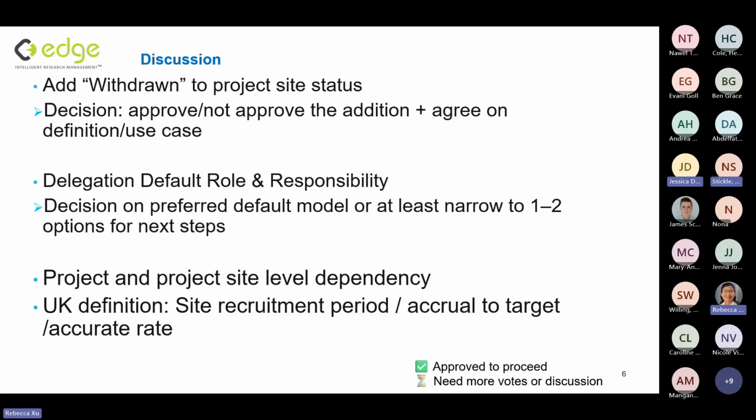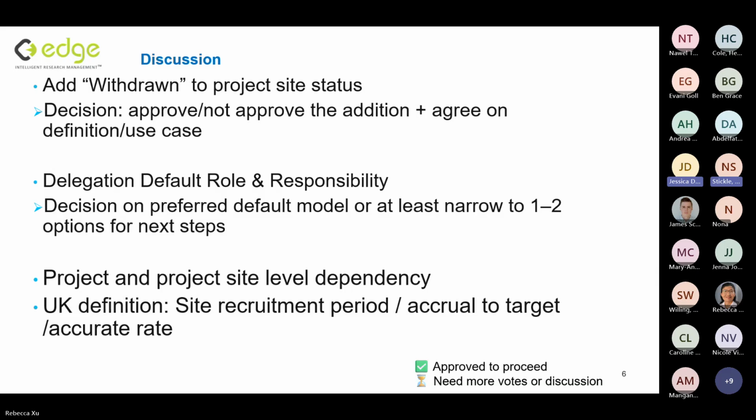Okay, next one is about the delegation default roles and responsibilities. So we may need a little mini working group if we want to go ahead and change this in future. This is when you go to the delegation log and add in the default list that's available, we wanted to discuss the potential for changing what's on that default list.